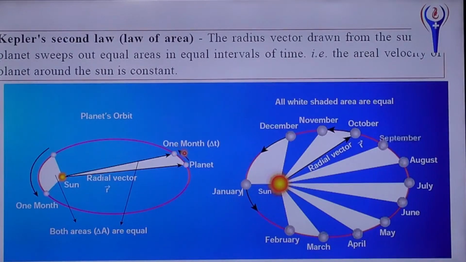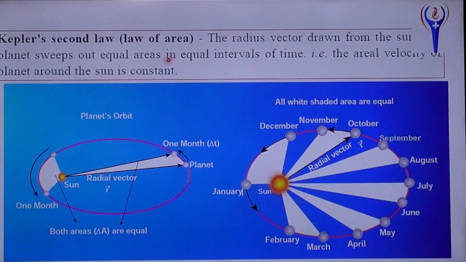No, this is a larger distance, this is a smaller distance. So for this larger distance, Earth has to travel faster, and here slower. Time taken will be the same. From year to year also, 1 month, year to year also 1 month. How is this possible? Here it moves very fast and here it moves very slow. Based on this only, aphelion and perihelion, or for a satellite, apogee and perigee, we will do.